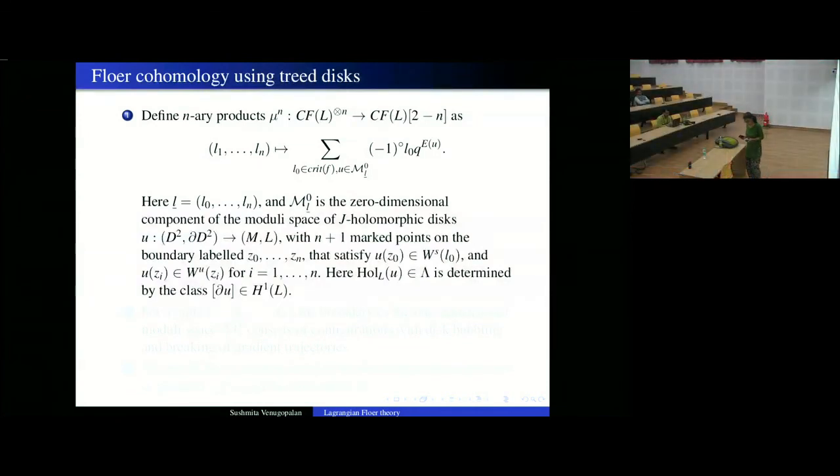I guess this is familiar from last week, these kinds of relations. Earlier I was just defining products of two things. Now I define products of n things.